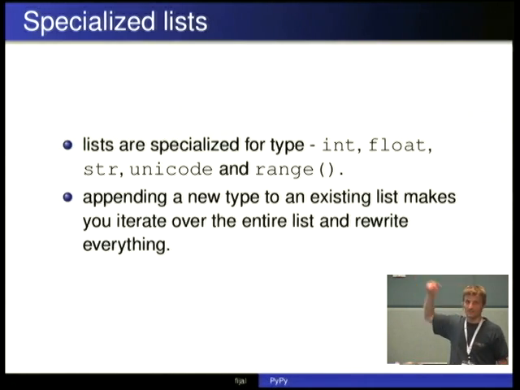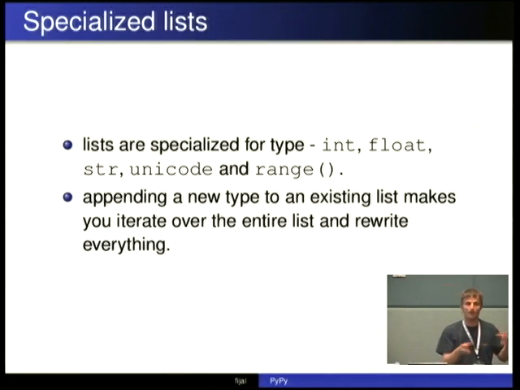Another example is specialized lists. If you keep only ints or floats in the list, it will store them unpacked, not with boxes. So that's very fast. For example, list.sort on a list of ints doesn't have to call any Python functions or look up anything. It just sorts them as fast as C. And range is a special kind of list.